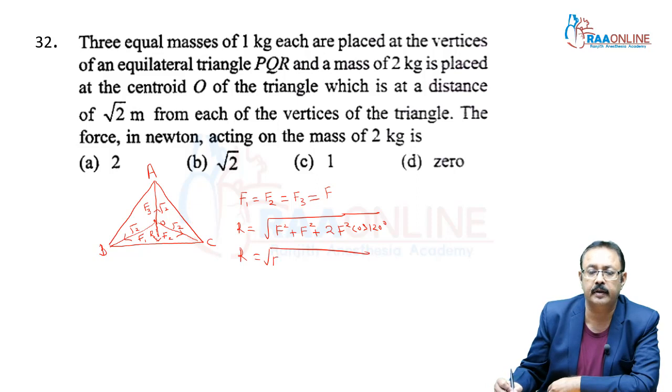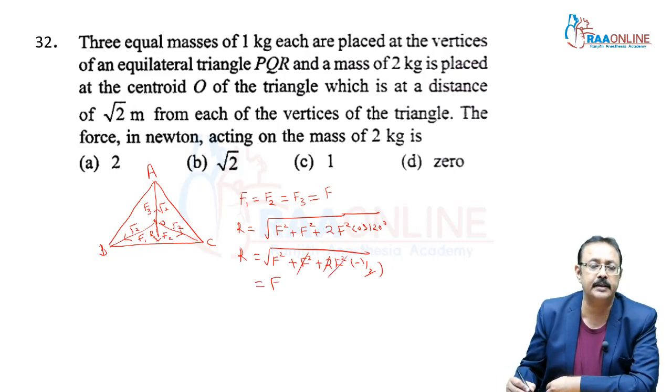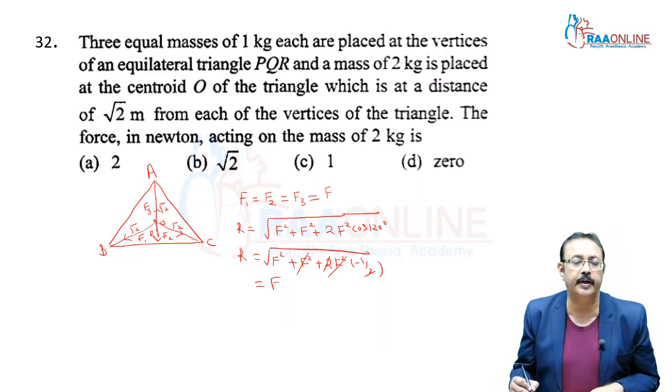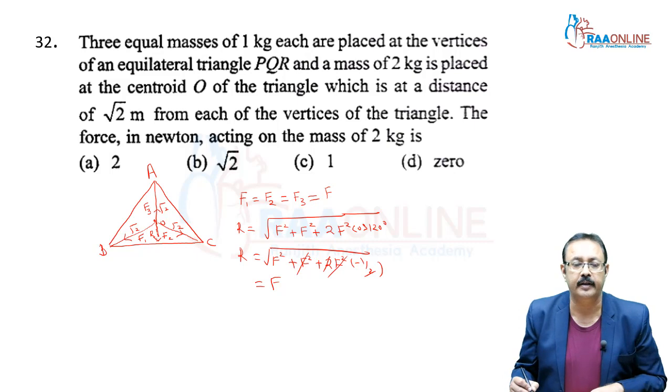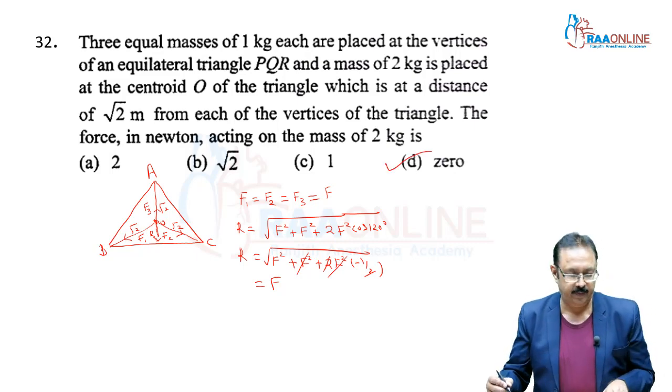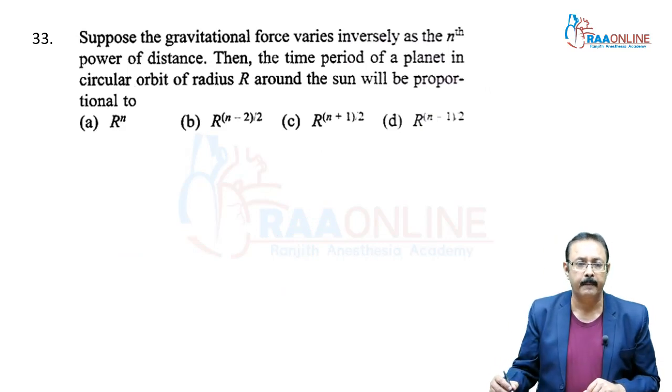Under root F square plus F square plus 2F square into minus 1 by 2. Cancel 2 with 2, this minus F square will cancel this plus F square. So we are getting F. Since R is in just opposite direction of F3 and is equal in magnitude, R will cancel F3. So net force is 0, so we are going with D.